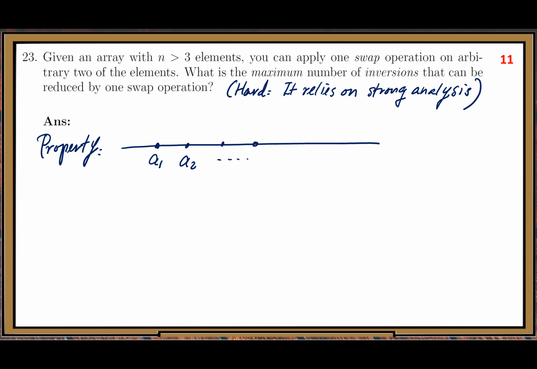Let's say element AI, dot dot dot, AJ, dot dot dot, and the last element, AN. When we do analysis, we like to do accurate analysis.